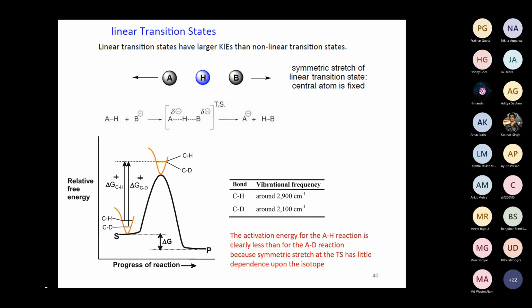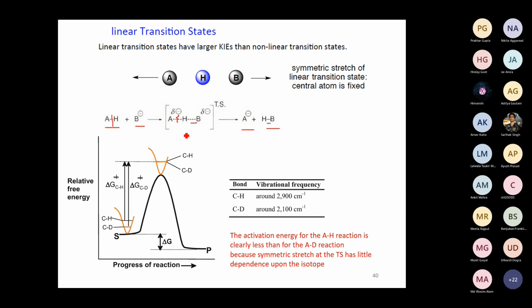See this equation. AH reacting with B, and it is forming A minus and BH. So the AH bond is being cleaved and the BH bond is being formed. So what will the transition state be, as I drew in the last slide? A dot dot dot H dot dot dot B. So this bond is being cleaved and this bond is being formed, and this is the transition state.